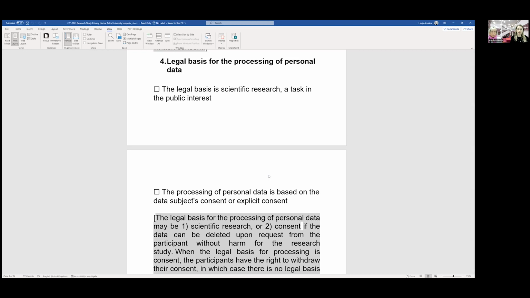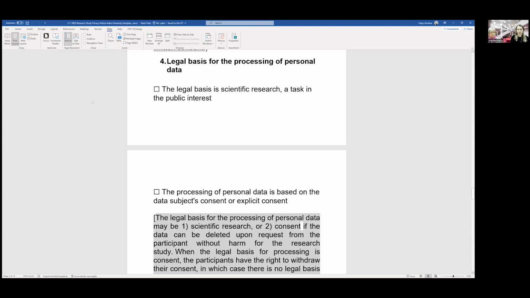Obviously you need to ask consent to participate in the research, but if you're asking for consent, it doesn't mean that you have to use consent as the legal basis for processing the personal data.